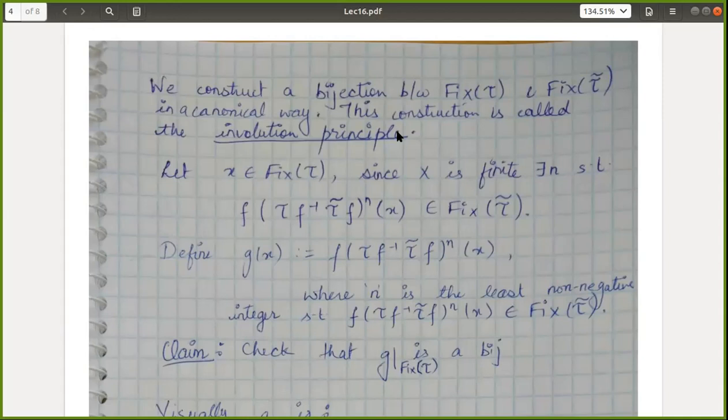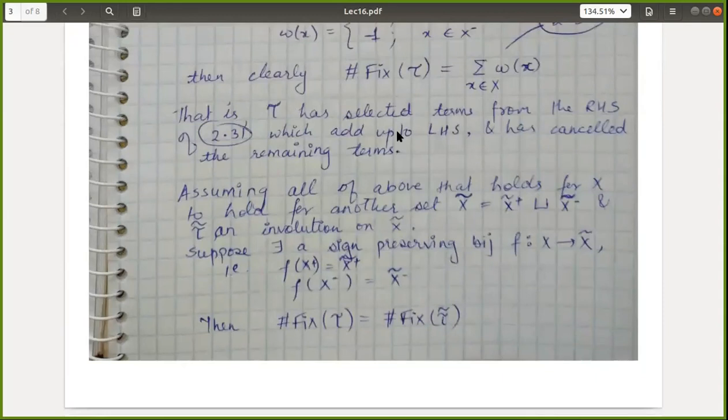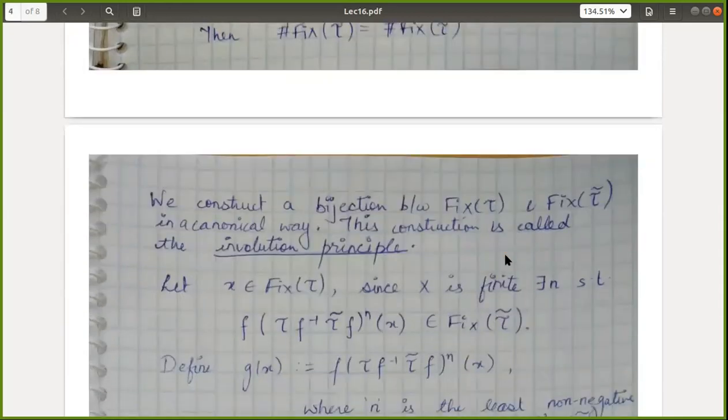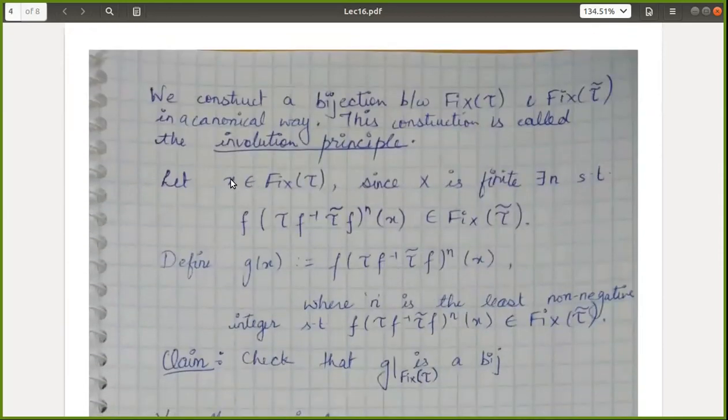So now there are a few maps in my hand. First of all, I know that F is a bijection between X and X tilde, which preserves these parts. As soon as you know that F is a bijection, you know that its inverse also exists. So starting with a fixed point of tau, you look at the element given by this.